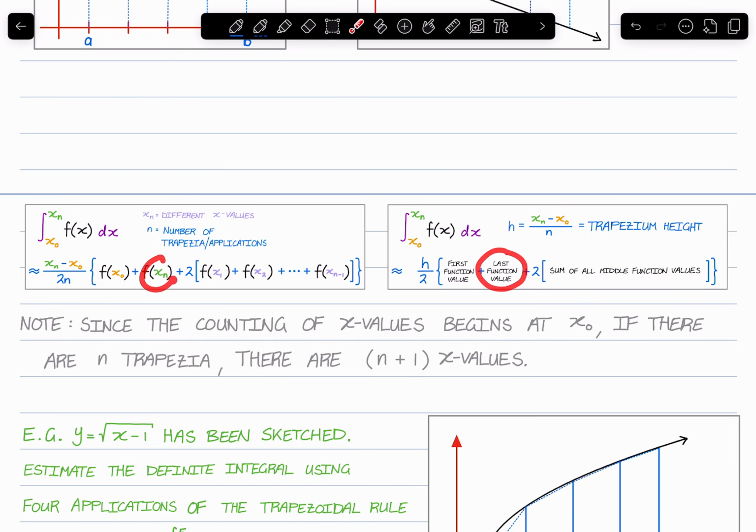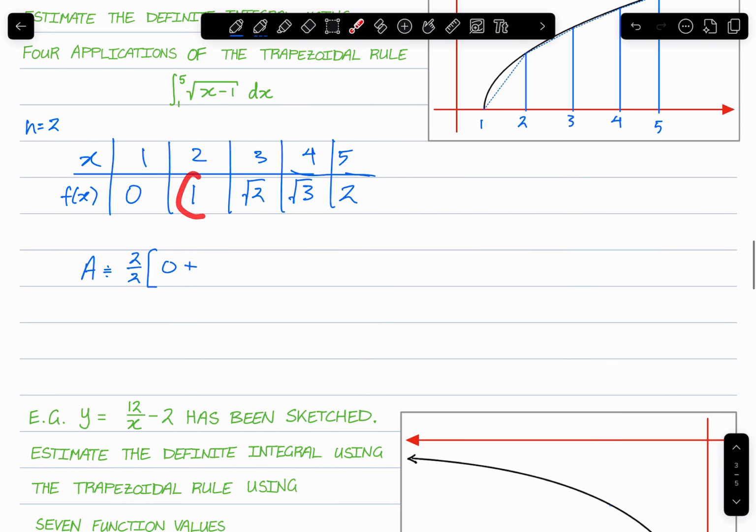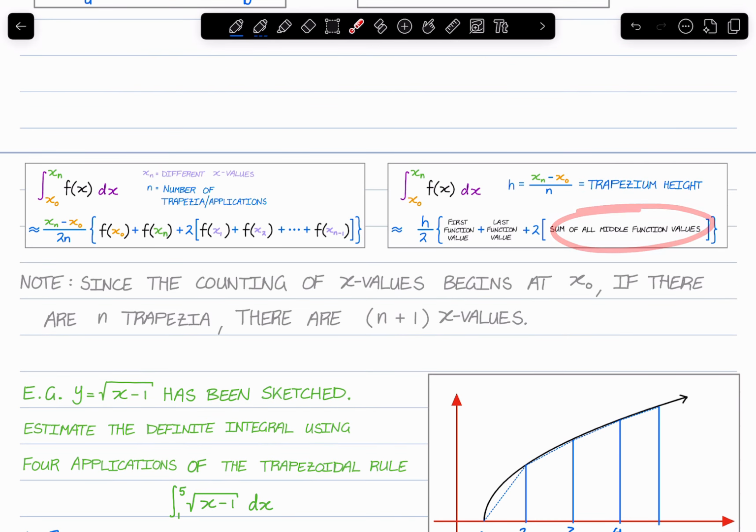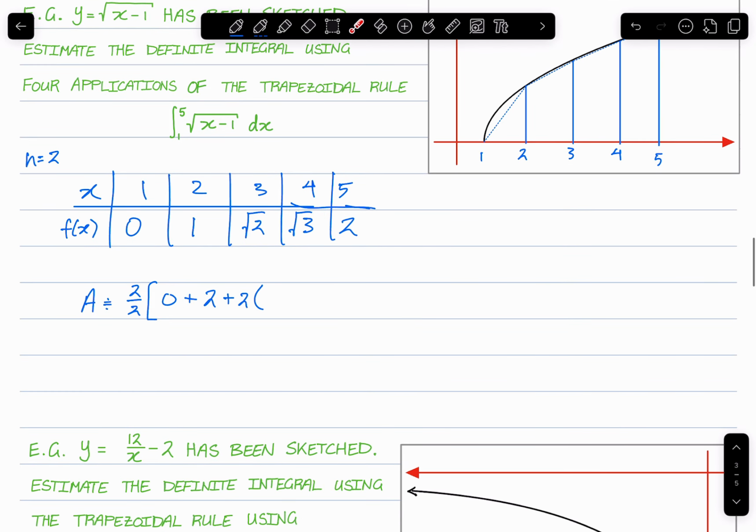Well, that's what it's saying here, which is, well, the last function value here is 2. Plus 2 times the sum of all the middle function values, which is what it's saying here. So 2 times all the middle function values. So 2 times 1 plus root 2 plus root 3.